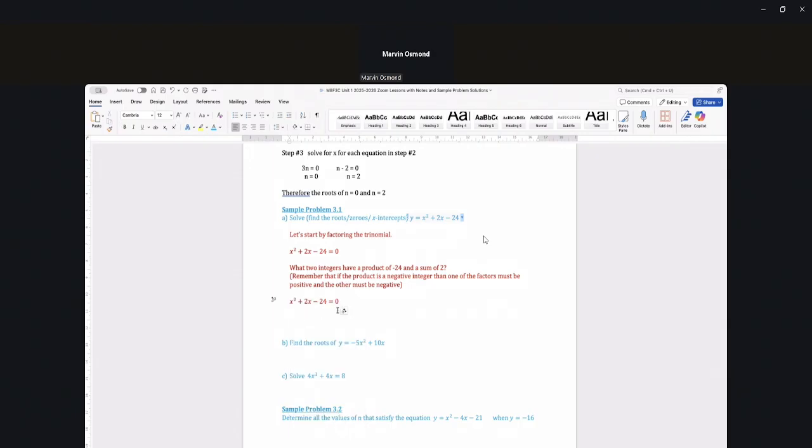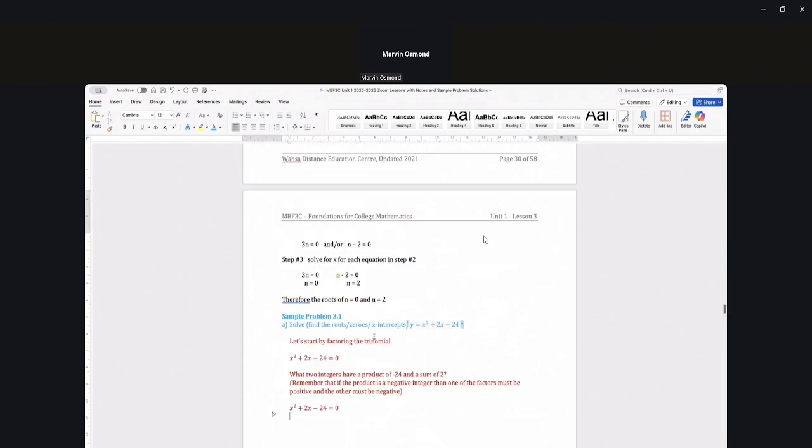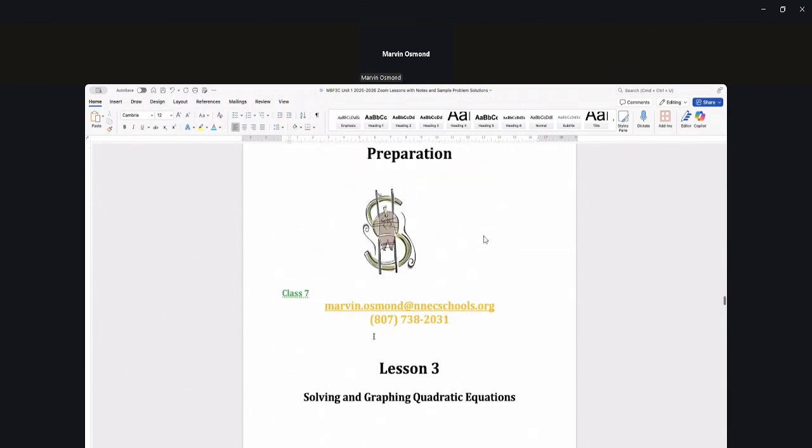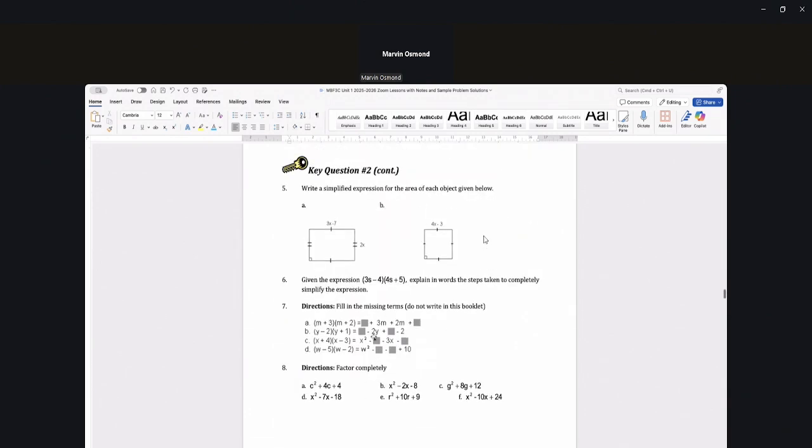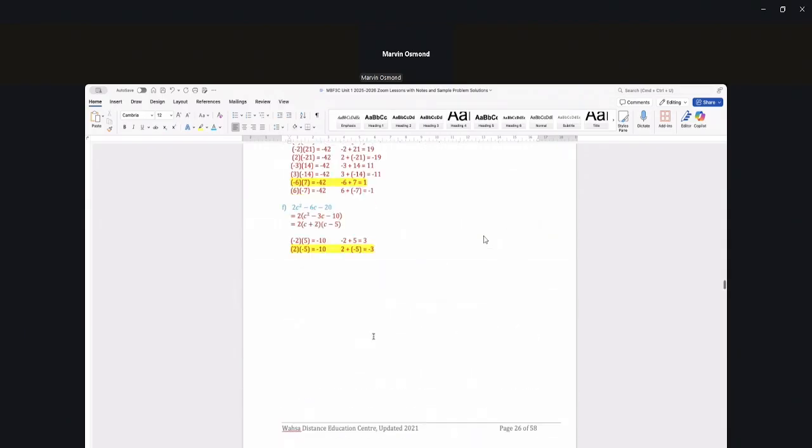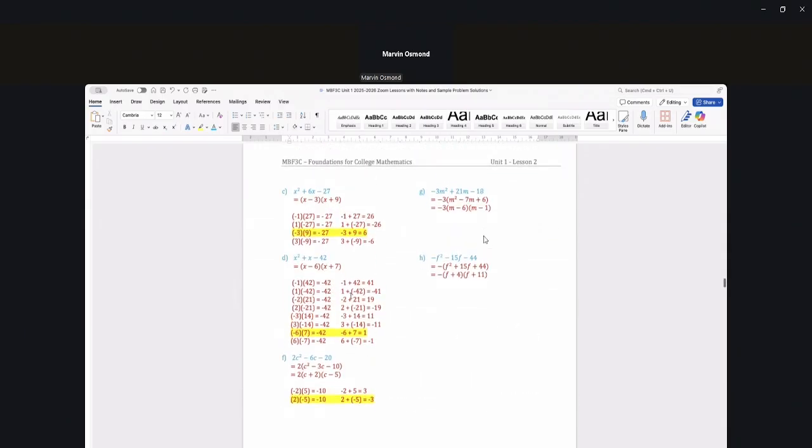So yesterday we worked through some examples of factoring, and we looked at, scroll back up so you can see what I'm talking about. We looked at some examples where we listed all of the factors and then found the one with the right sum to give us that middle term.